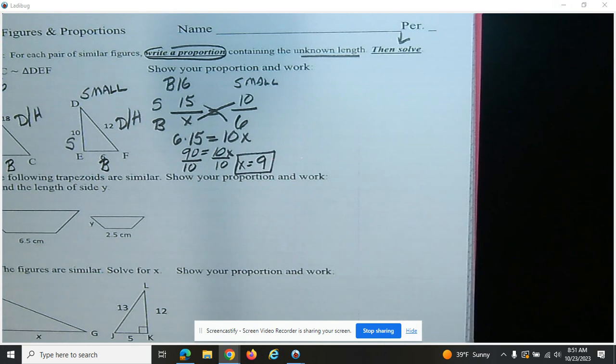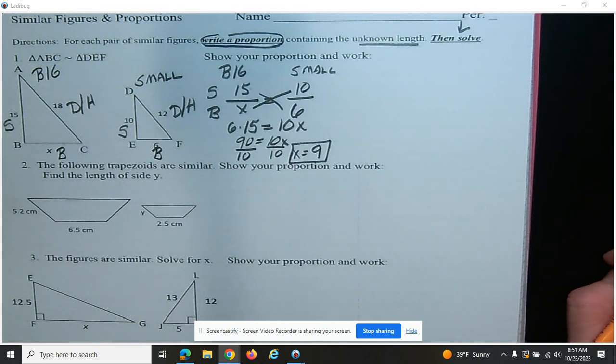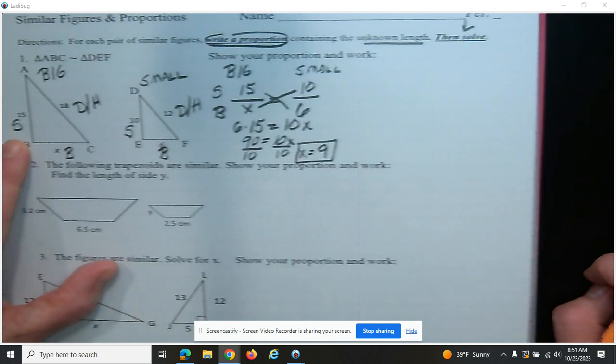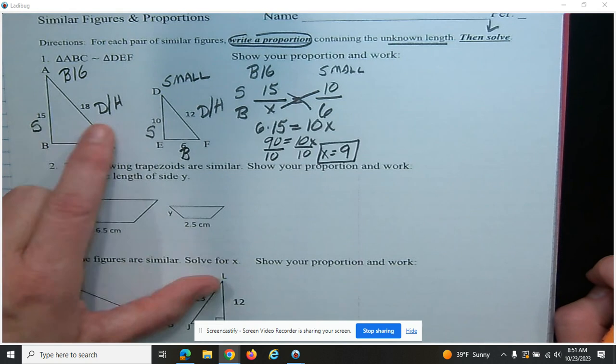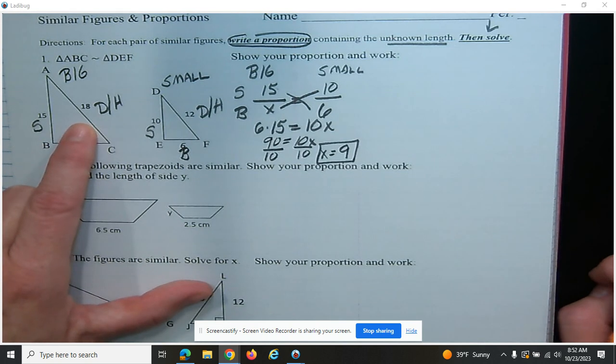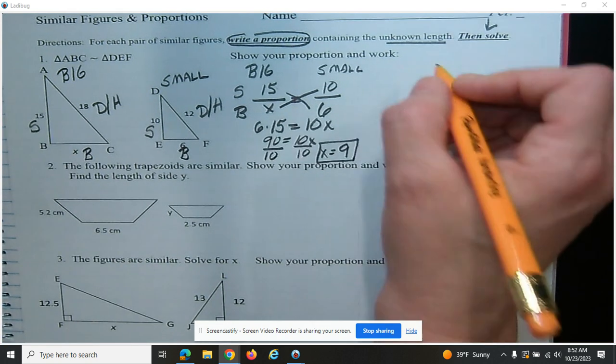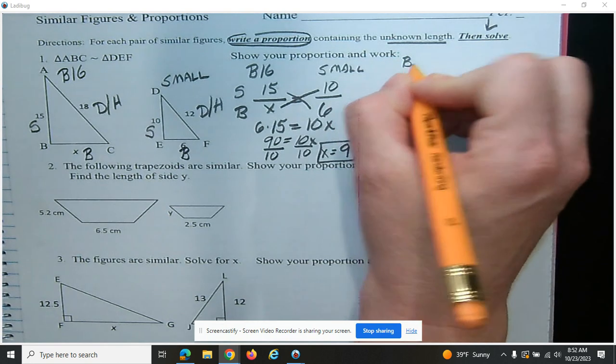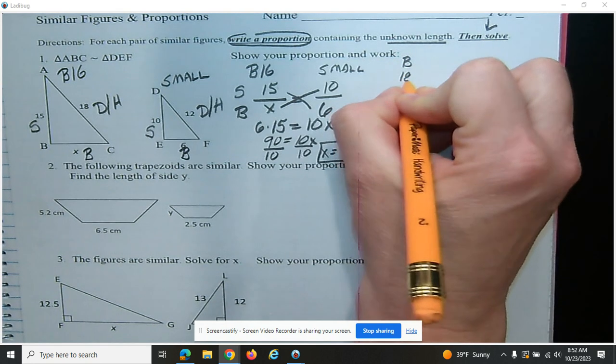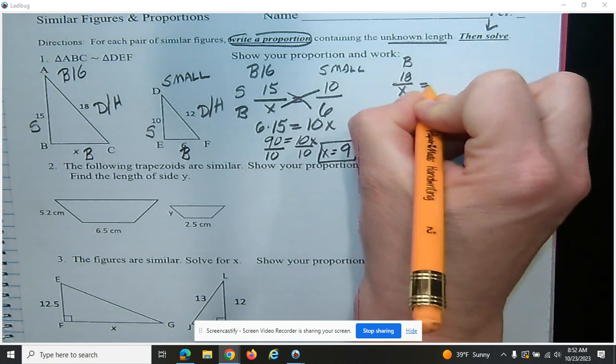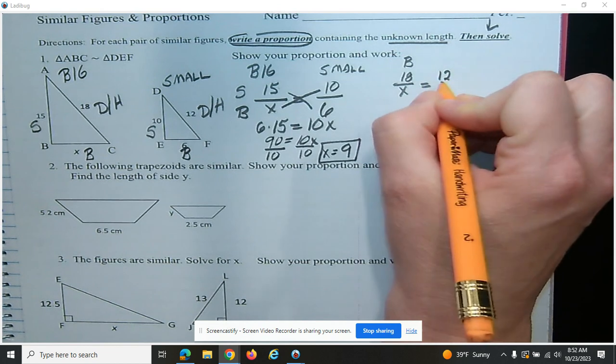Let me show you other ways I could have done this. Did I have to use the side? No, I could have used a diagonal. Okay. I could have said big, do the diagonal on the top, base on the bottom. Diagonal for the small over base.